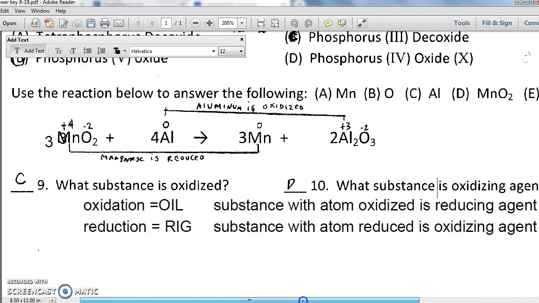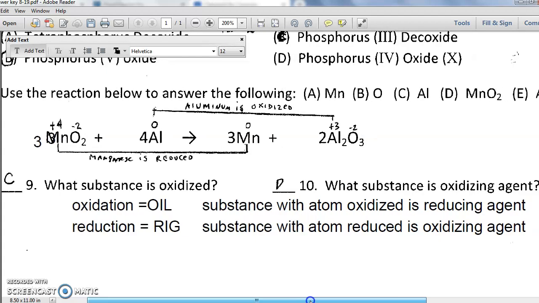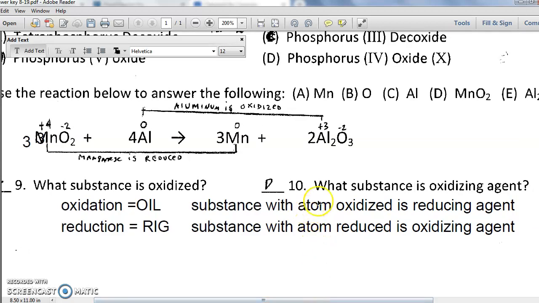If it's something that is by itself, then that particular substance by itself would be the agent. So when they're asking what substance is the oxidizing agent, the substance that has the atom that's reduced is the oxidizing agent. The substance that has the atom that is oxidized is the reducing agent.